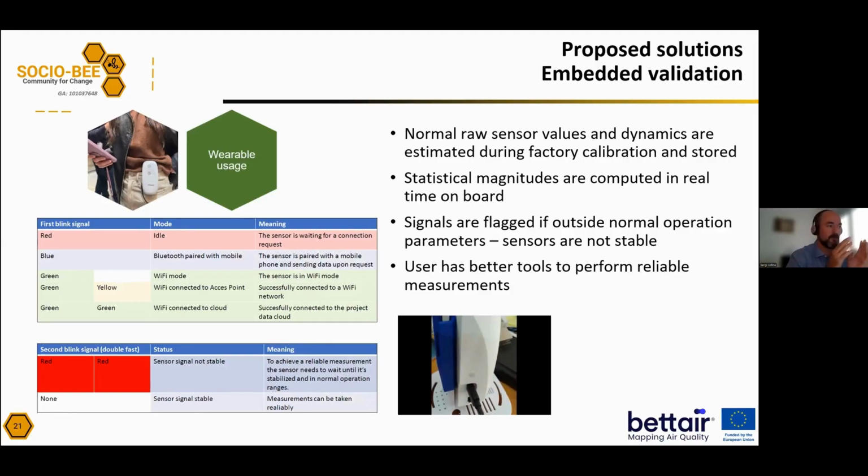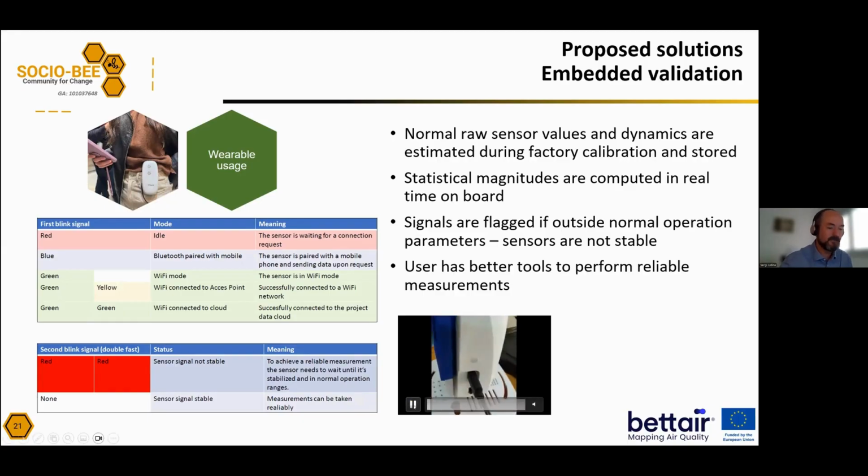But in the device itself, it analyzes the raw data and decides if the gas sensors are in a stable measurement mode or unstable. They have seen a very large transient and are not yet stabilized.